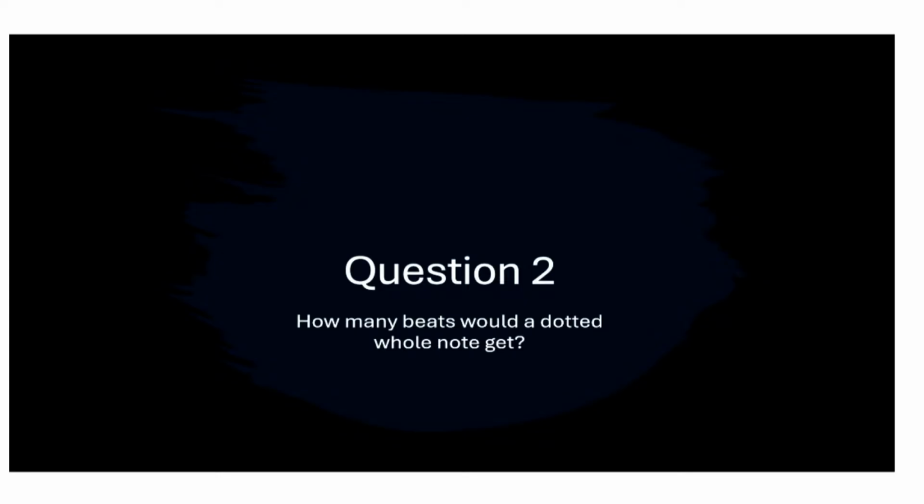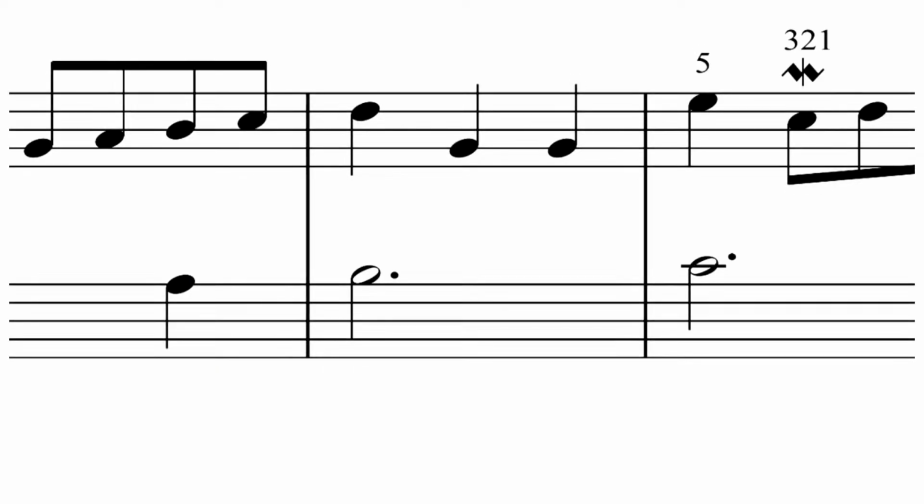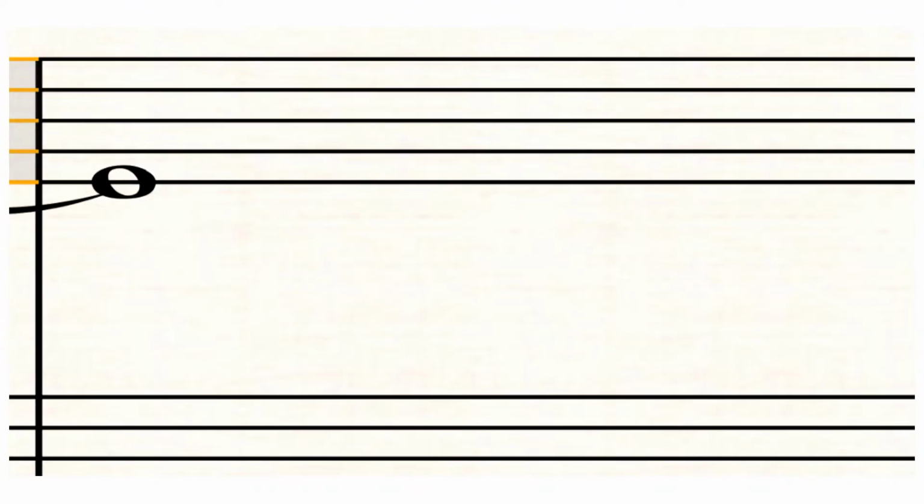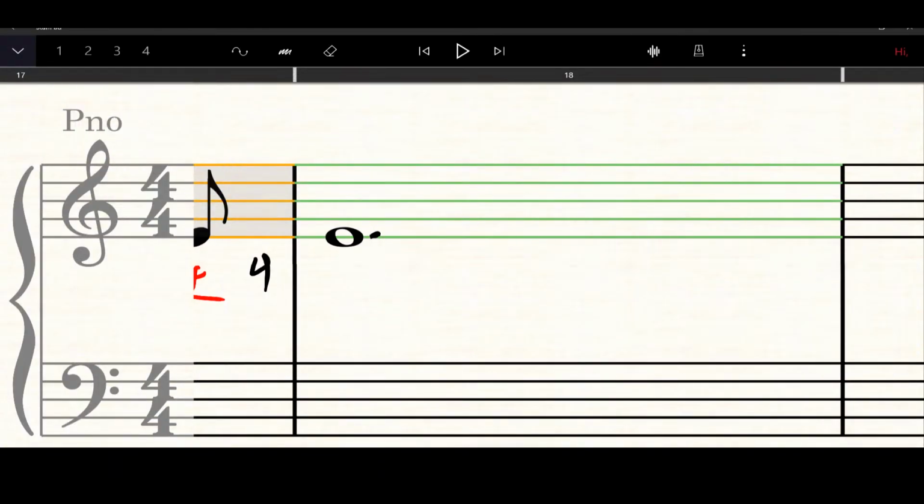So Finn is actually correct with 6, right? Because we have a whole note. Whole note's worth 4, right? I don't even know if it'll let me do a dotted whole note. No, it doesn't. So the thing I wanted to add is there actually is no dotted whole note. And that's because really the beats we have only goes up to 4. At least in 4/4, there's no dotted whole note.